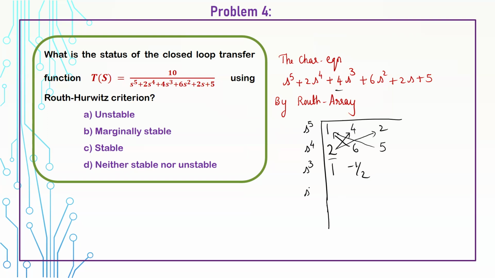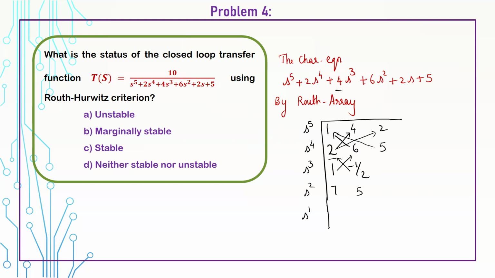And then the next row, taking the s power 4 row and s cube row. 1 into 6 minus this product, divided by 1. So 1 into 6 is 6, 6 plus 1 is 7, 7 by 1. And then for the next one, 1 into 5 minus 0 by 1, that is 5 only.